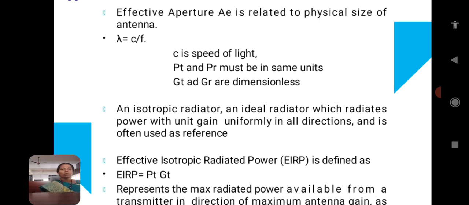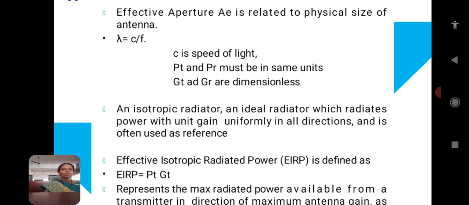Lambda is equal to c by f, where c is the speed of light. Pt and Pr are the transmitter and receiver power, and they are always represented in the same units, either in watts or milliwatts. The gains of the transmitter and receiver are dimensionless.